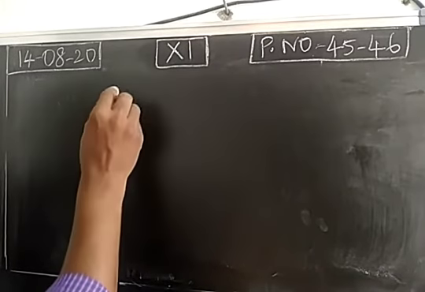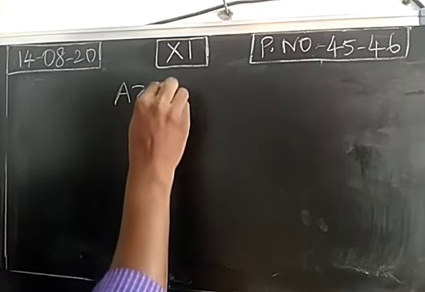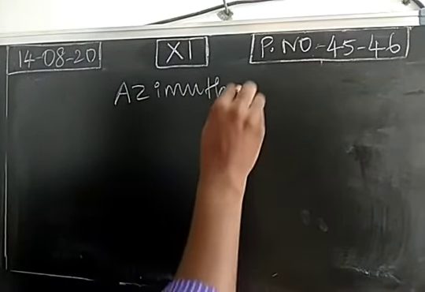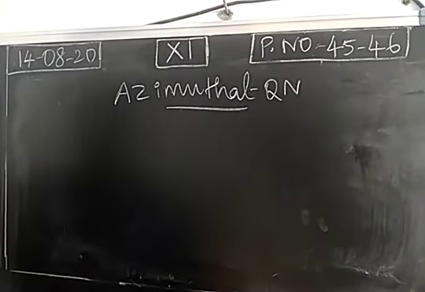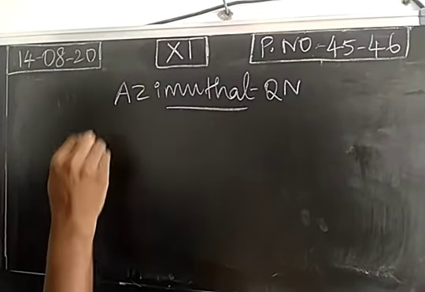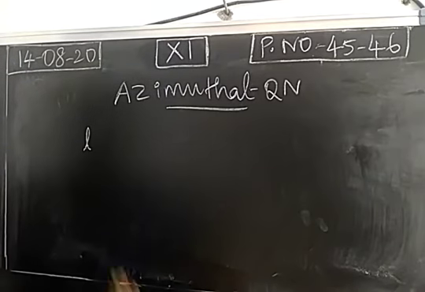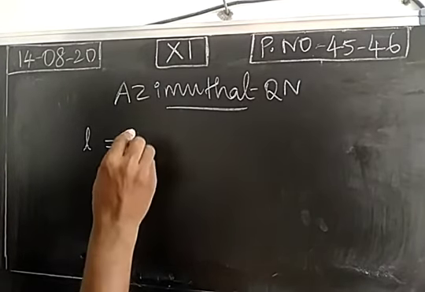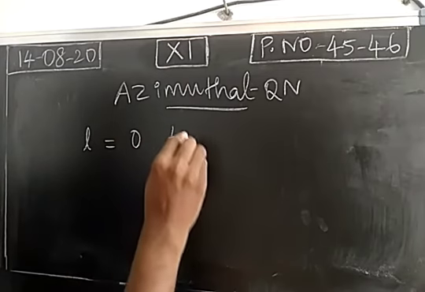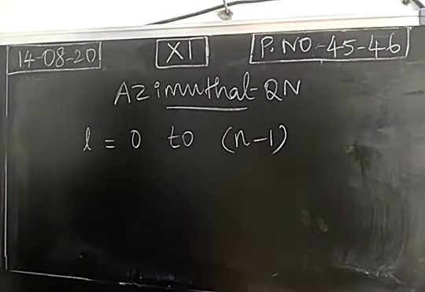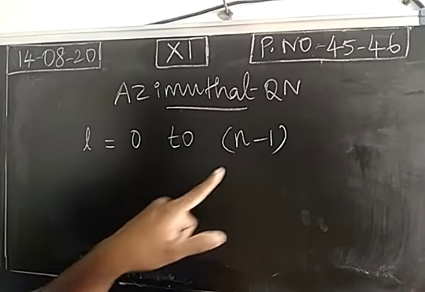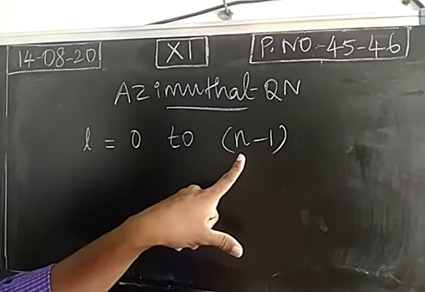Next, azimuthal quantum number. Azimuthal quantum number is denoted by the symbol l. Its value will start from 0 and end with n minus 1. So you can calculate the azimuthal quantum number using the value of the principal quantum number.